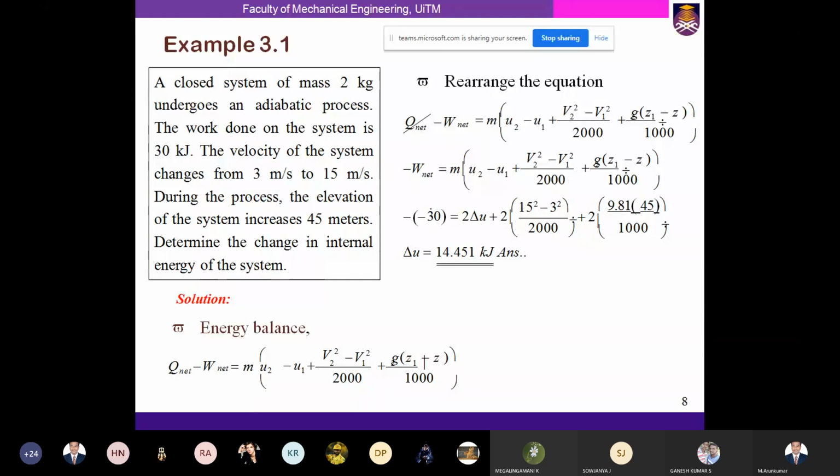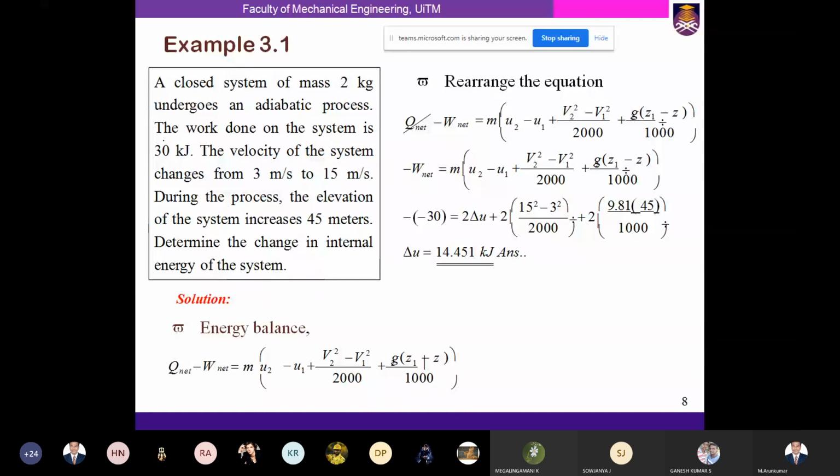Here, they gave a closed system, right? So we have a constant volume system. Mass M given is 2 kg, and it undergoes an adiabatic process. You know what is an adiabatic process? A process with no heat transfer.